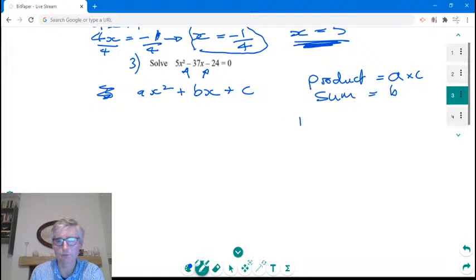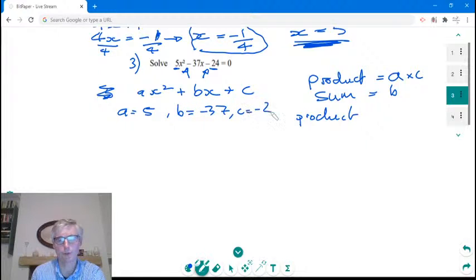So in our case, the product is the first number times the negative 24. In fact, I'll just write these below. So a is equal to 5, b is equal to minus 37, and c is equal to minus 24. So the product is going to be 5 times minus 24, so that's going to be minus 120.